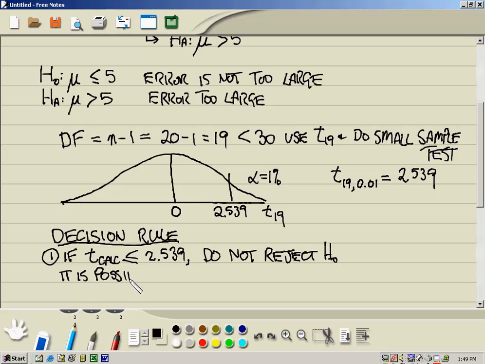It's possible the error is not too large. In other words, it's possible the average percent forecast error is less than 5%.